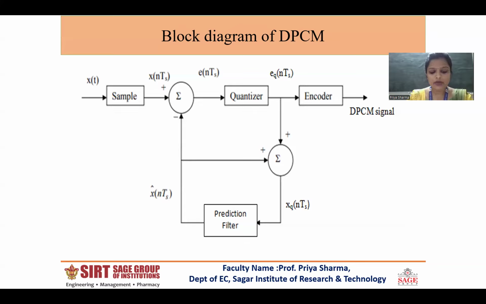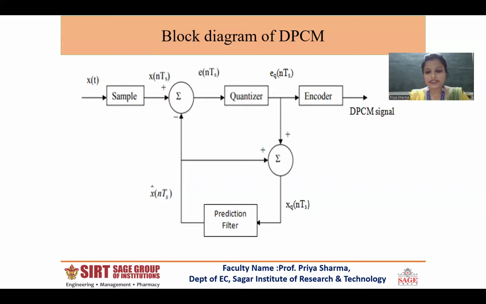The resultant analog difference signal is held constant by the sample and hold circuit for the duration of the interval between sampling times. The quantized differences are converted into a serial binary bit stream before transmission as DPCM signals.